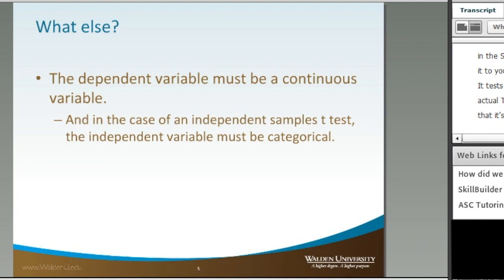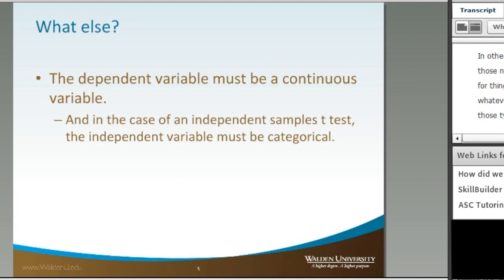What else do you need to know? Well, in any type of t-test, you always have a dependent variable, and that variable must be continuous. In other words, it's on a scale. It has numbers, and those numbers have meanings, that they're not just codes for things. So it's typically interval, ratio, scale, whatever you want to call it, but it has to be one of those types of variables.